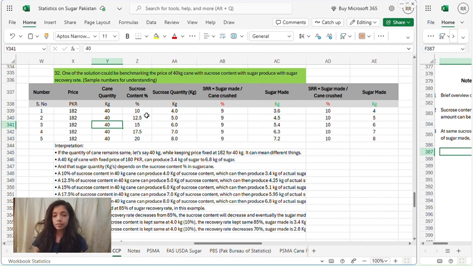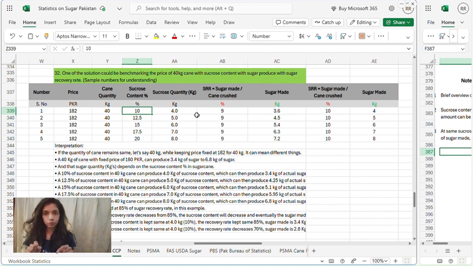Now, the point to understand here is you have 10 kg of canes. It has 10% of sucrose content, meaning 4 kg of sucrose quantity in 10% of sucrose content.